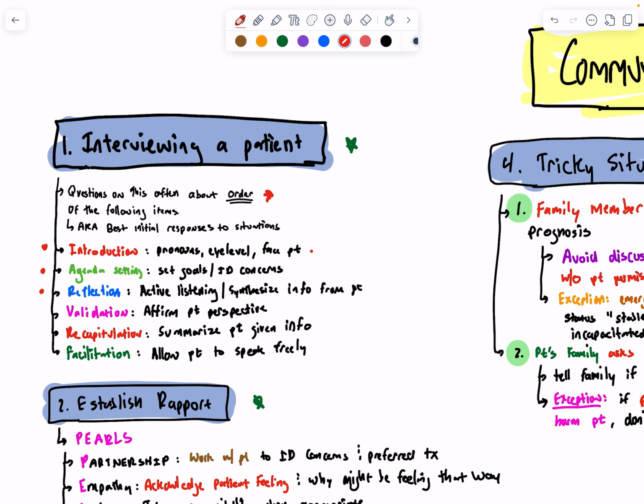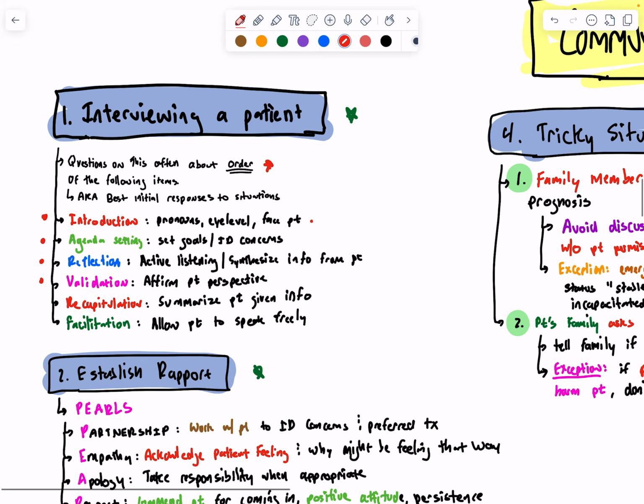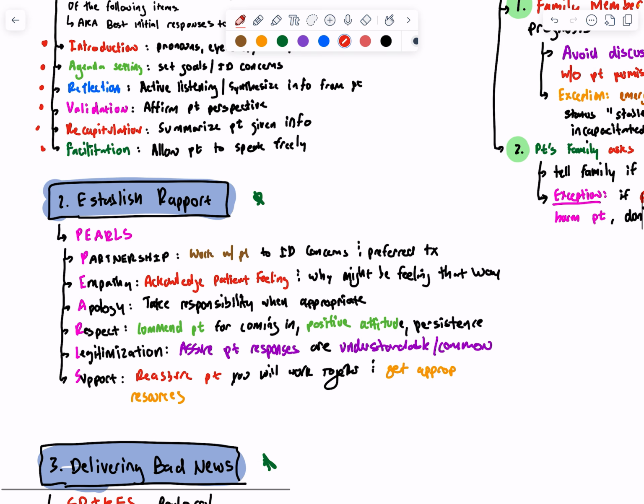Reflection: do active listening, synthesize the patient information that you get from them, validate the patient, so affirm the patient's perspective. And then recapitulation: summarize the information that they've given you. And then facilitation is allow the patient to speak freely.